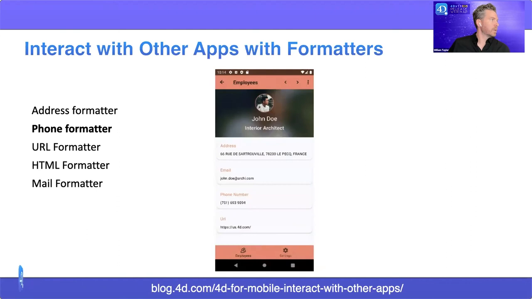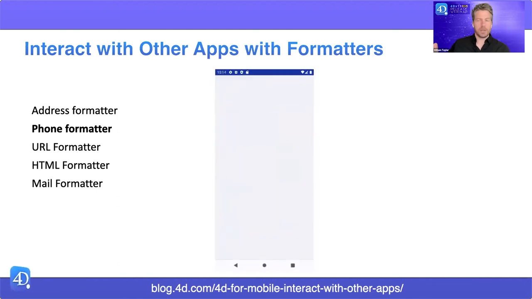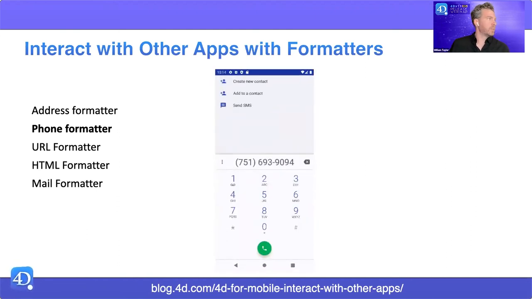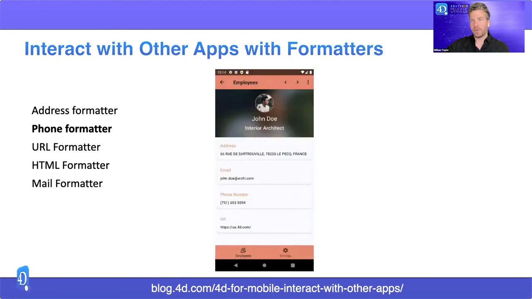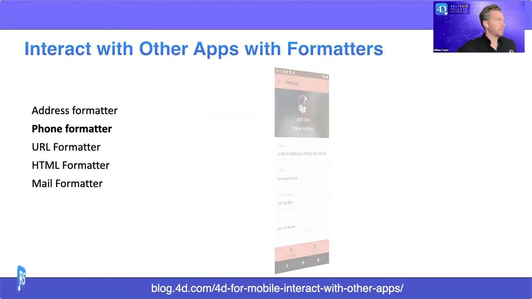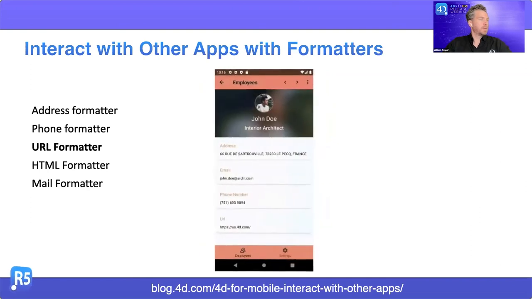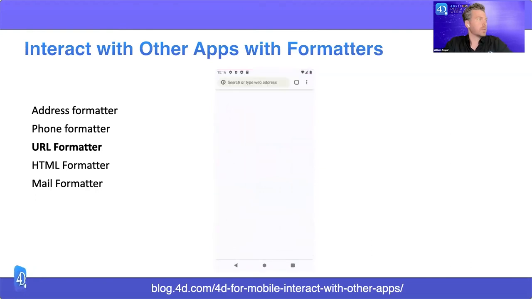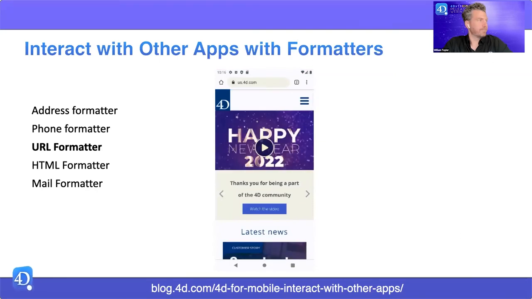So when you click on the phone number, it pops open the phone application and has it already filled in. Awesome. And when you click on the URL, so there you are, us.4d.com, it opens up the default browser on your phone to us.4d.com. Probably your homepage.